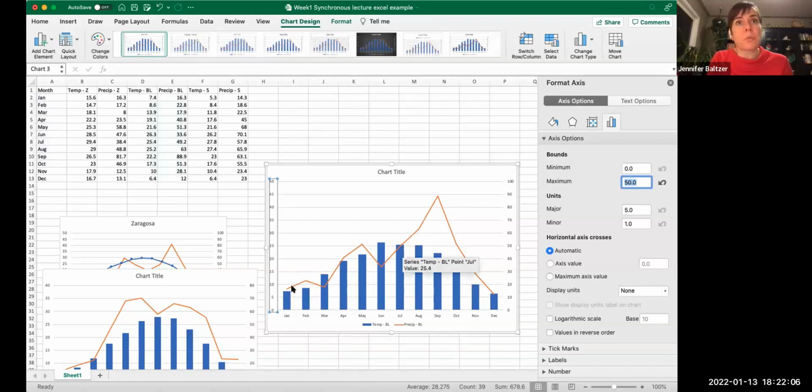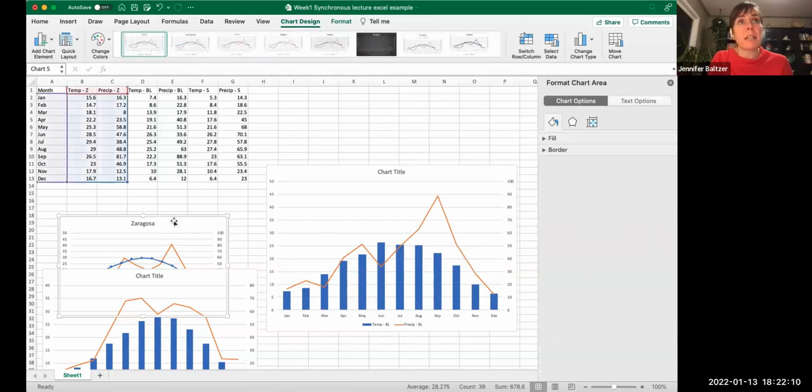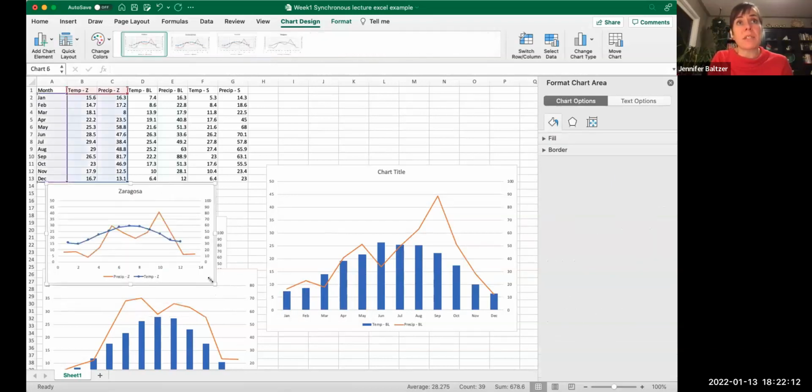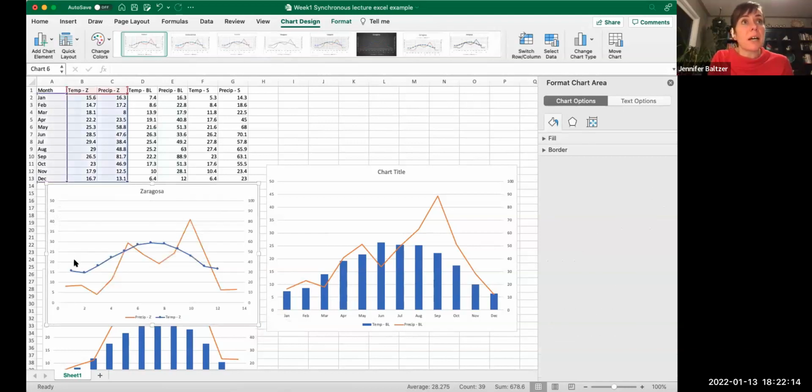Here we have a cooler climate than was the case for Zaragoza, where we had a minimum of 15 and a maximum of about 30. Here we have a minimum of 7 or so, and a maximum of about 25. So it's still a pretty warm place.